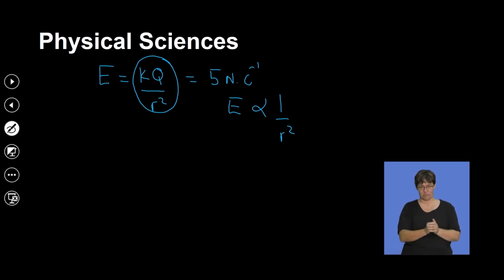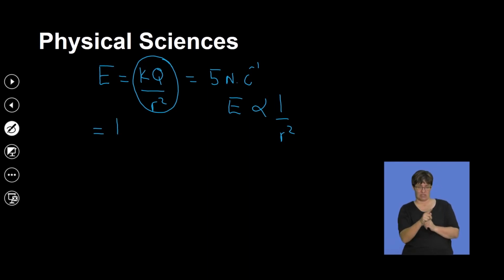So if it's 3 times as big, what do we have in terms of 5 newtons per coulomb? It should be in multiples, but do we multiply by a factor that's greater than 1 or less than 1? If it's going to decrease, it means we multiply by a factor that is lesser than 1, which is a fraction, okay?